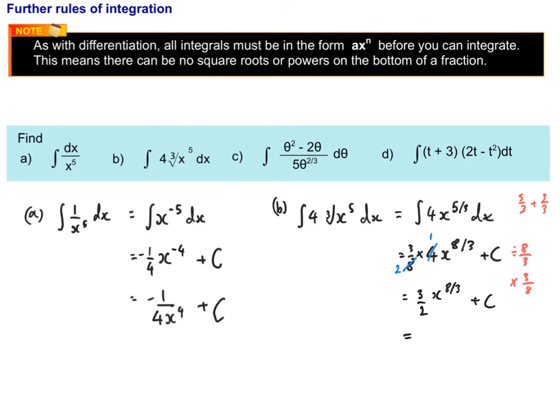Again, just rewriting this in the same format, I've got x to the power of 8, and because this is thirds, I can write that as the third root, the cubic root. And I've got my plus c at the end there.